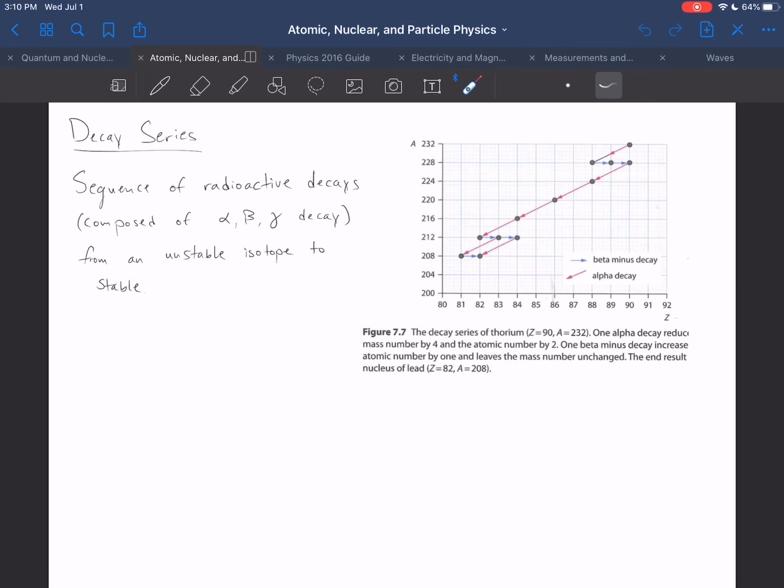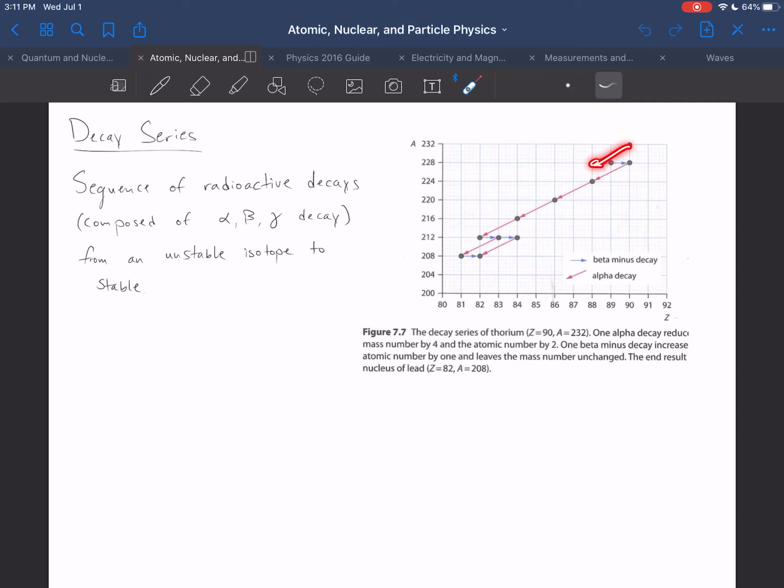So what you'll see is that there is a sequence of radioactive decays composed of these fundamental types, alpha, beta, and gamma, from an unstable isotope to a stable isotope. And sometimes you can see that there's more than one way of going about it. If this is the decay series of thorium, then it will need to end on a stable isotope, and it will undergo several decays in order.